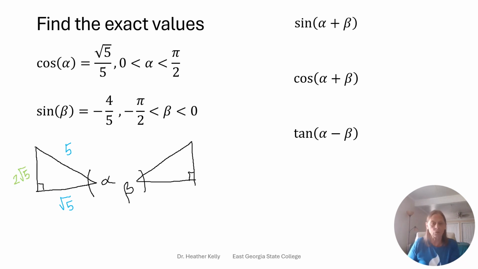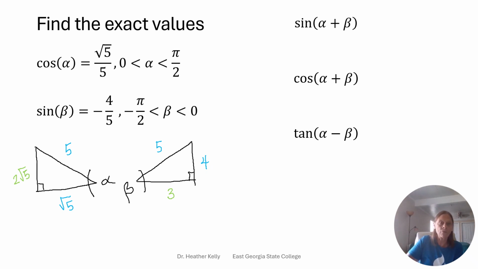Okay, we've done this math, so I don't need to be showing you how to do that math necessarily. Sine is negative 4/5. So here we've got 4, we've got 5, and when we do the math there, this is a 3.